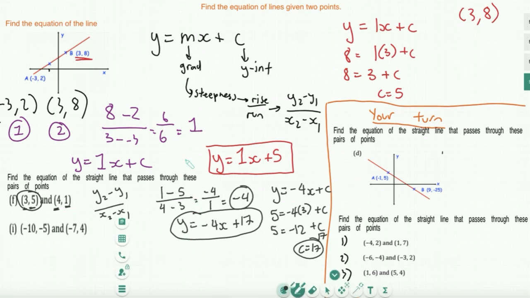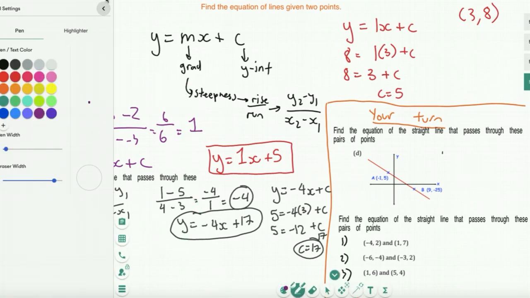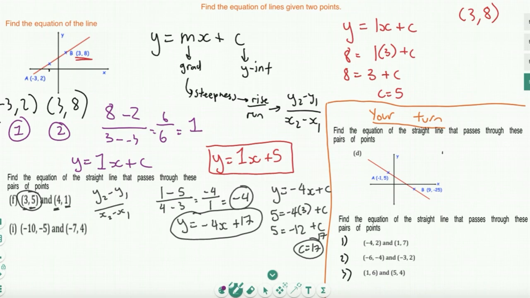Let's do it for the next question. Find the equation of the straight line that passes through (-5, 10), (-10, -5), and (-7, 4). Step 1, we'll find the gradient using y2 minus y1 over x2 minus x1. The second y coordinate is 4 minus the first y coordinate, negative 5.